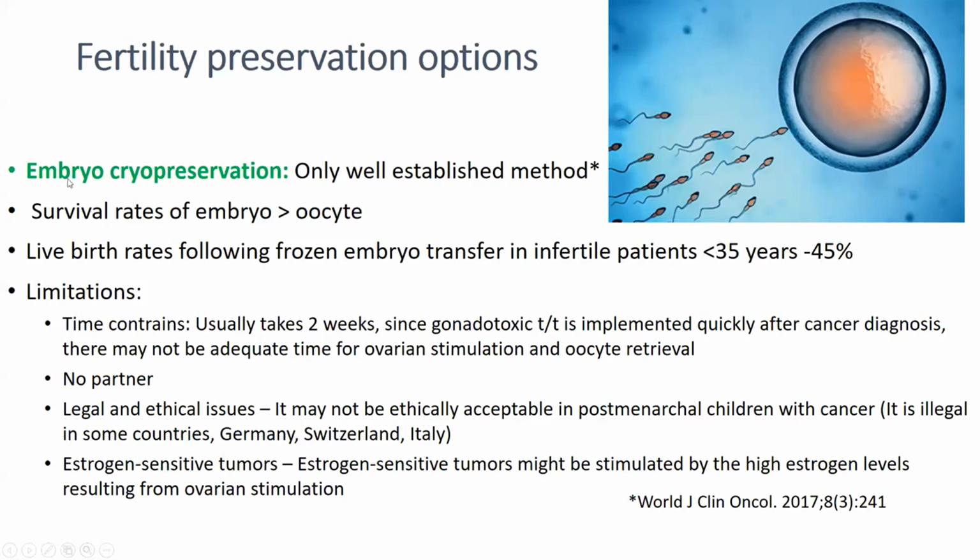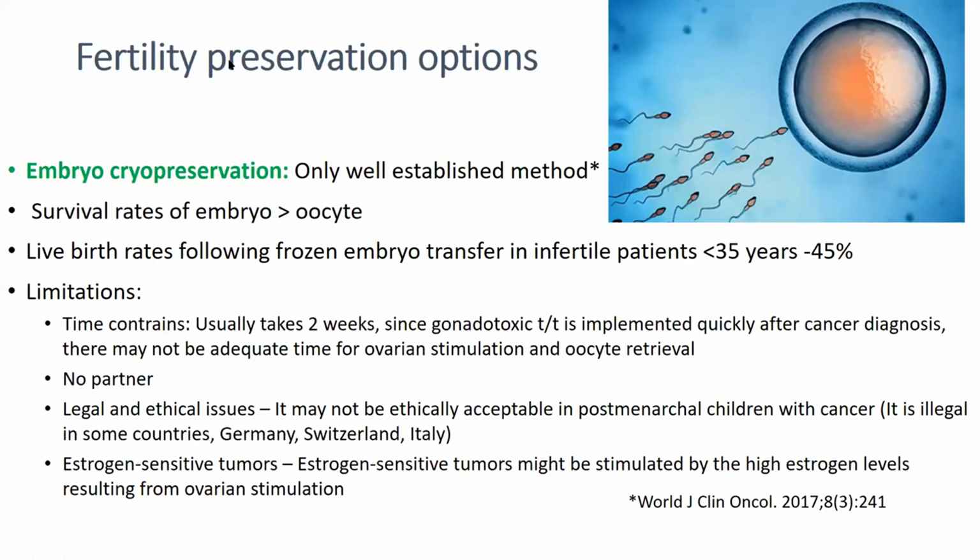But this technique has some limitations, like time constraints. Before embryo cryopreservation, ovarian hyperstimulation has to be done, and it usually takes 2 weeks. But sometimes if the disease is very aggressive, it is not possible to wait for 2 weeks to start the treatment. So time is one limitation.